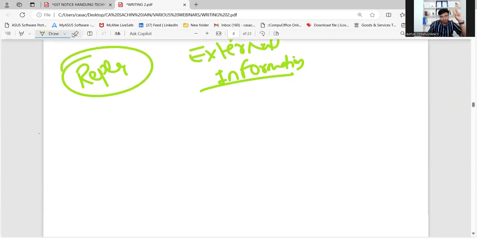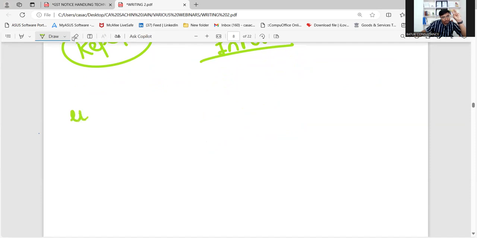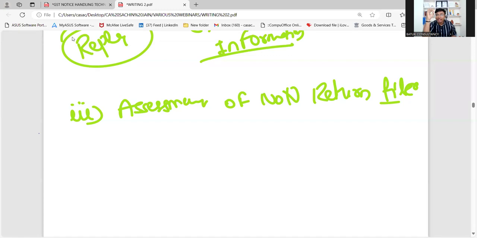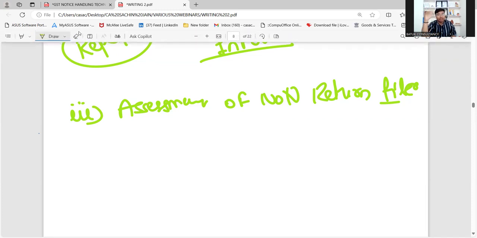Now the third type of notice, assessment of non-return filers. Suppose I have taken the GST registration, and I am not going to file the GST returns, or I have not filed the final return to the departmental authority.